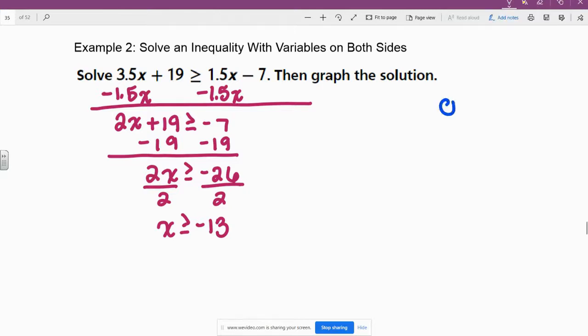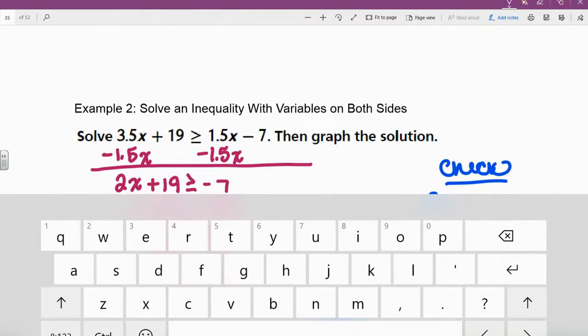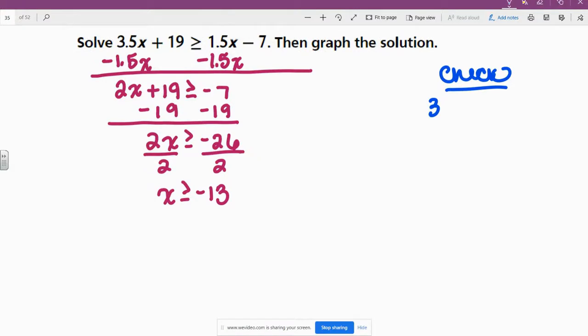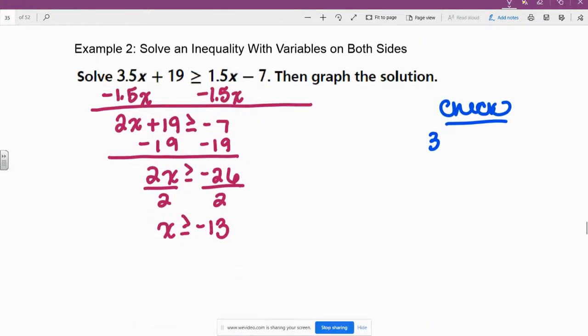Okay, so checks, and again, you can just put it in a calculator. I'll write it out so you can visually see it. Now this time you're going to have to check both expressions on the left side and right side because it doesn't equal a value. So I'll try this side first. So 3.5 times -13 plus 19.